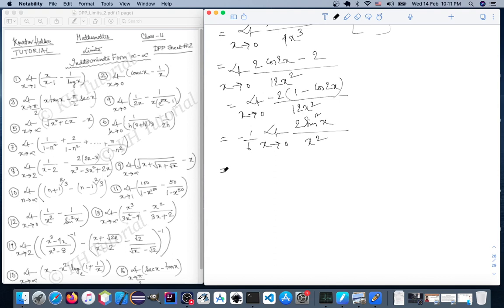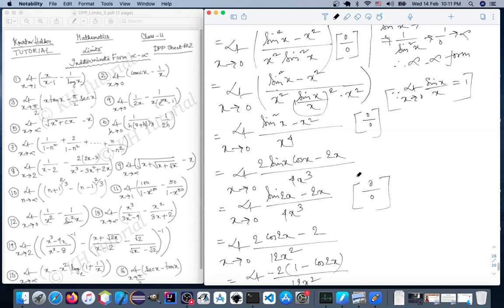We bring the 2 outside and we get minus 1 by 3 limit x tending to 0 of sine x by x whole square. As we know, the limit x tends to 0 of sine x by x is 1. So minus 1 by 3 is the answer.